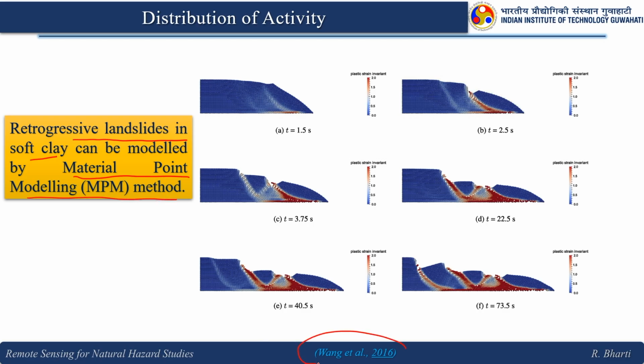If you want to know more about the MPM method, you can refer to Wong et al. 2016. A reference is given at the end of this lecture. In the last slide I will give you all the details of the references. Here Wong et al. have modeled the retrogressive landslide in soft clay, and this is from their paper, right.